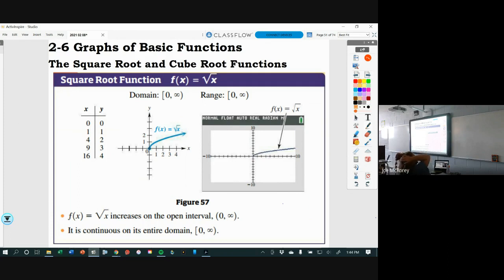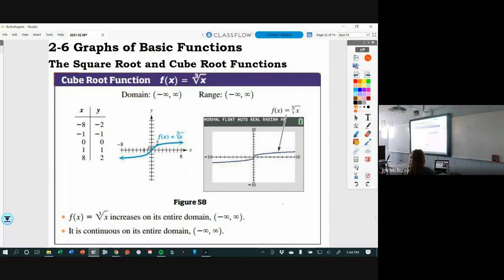Some books say it's increasing from closed 0 to infinity because that's a starting point. It's very inconsistent, and I hate it. But what you do want to pay attention to is how the question is asked. If the question asks you about the open interval, you better not use brackets. If it's flat out saying, what is the open interval, then it's going to be parentheses. Okay? Questions on the square root function.